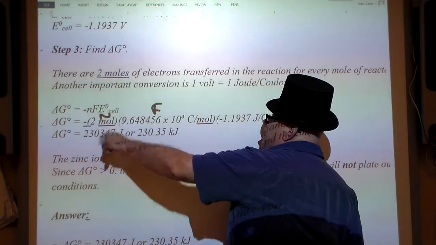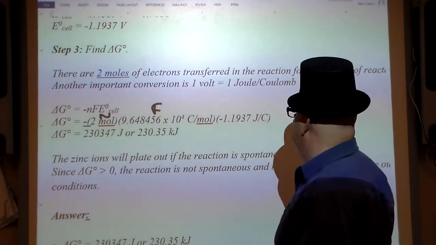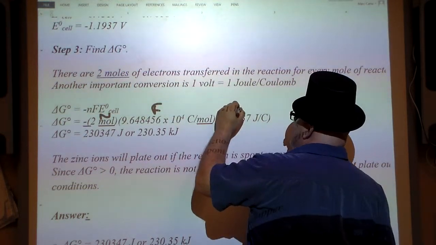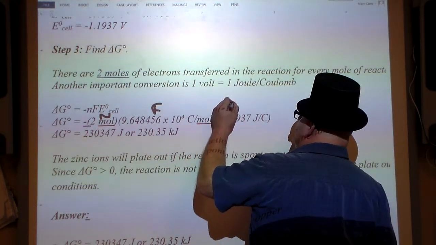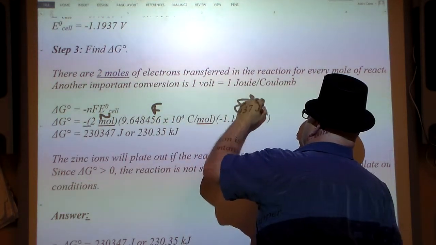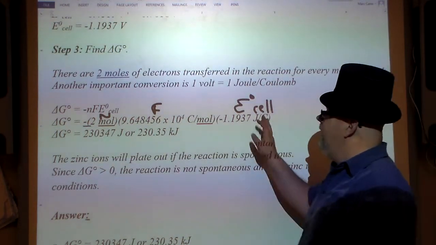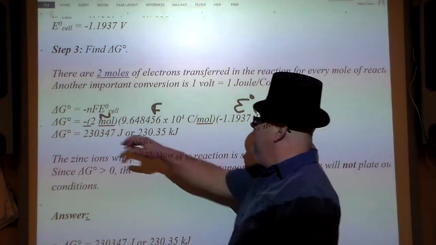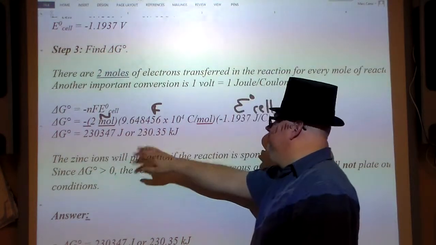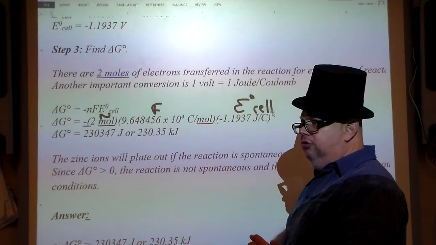Whereas here for 2 moles our n is 2 because we have 2 moles of electrons going through, multiplied by the cell's potential. Okay, so that's where it is. We multiplied it out, and we've got delta G is equal to a little over 230 kilojoules.